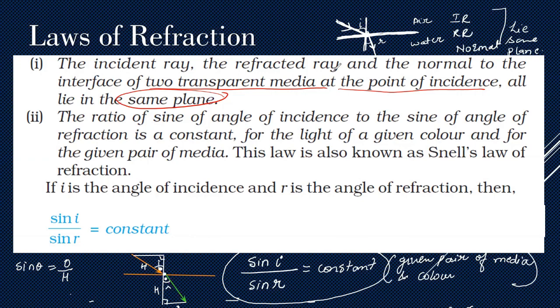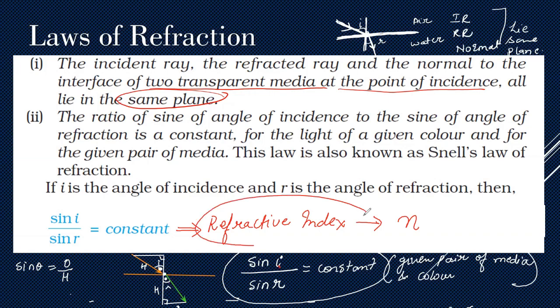Now this ratio, this constant term is called refractive index, which is denoted by N. Okay, refractive index. So now this is refractive index for a given pair of media. What does refractive index tell us?